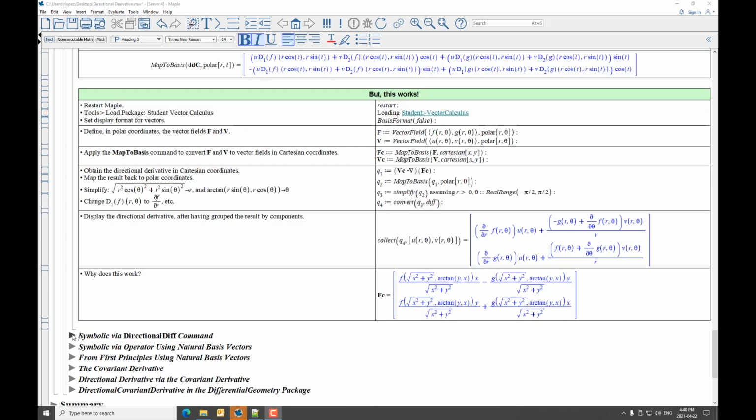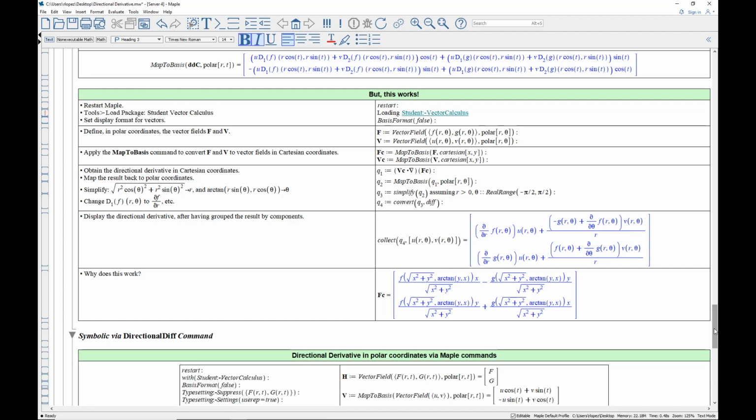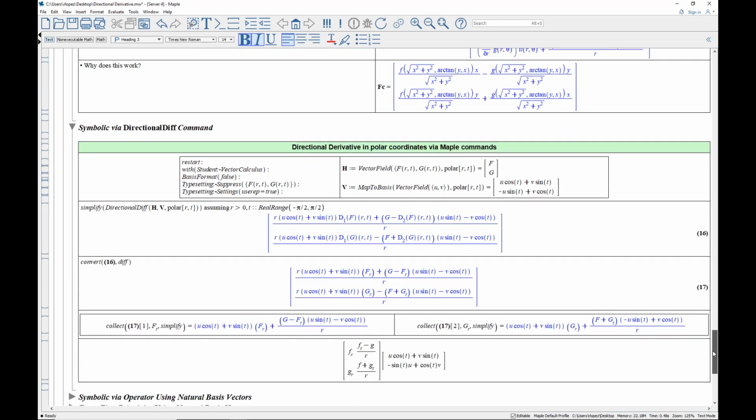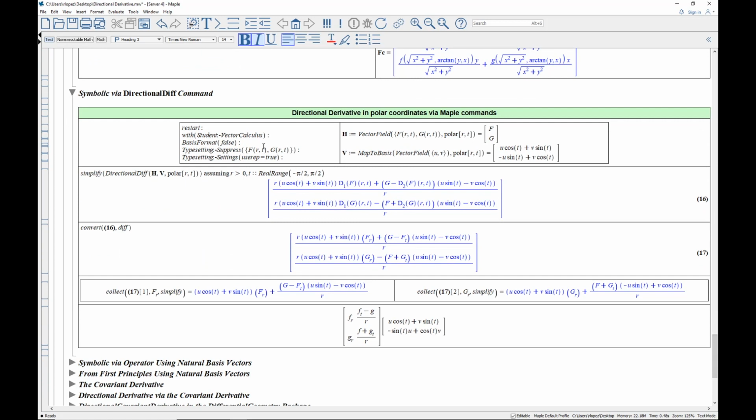Well, will the directionalDiff command give us this same result? Let's try that. Student vector calculus package, a little bit of notational finesse. Vector field in polar coordinates.